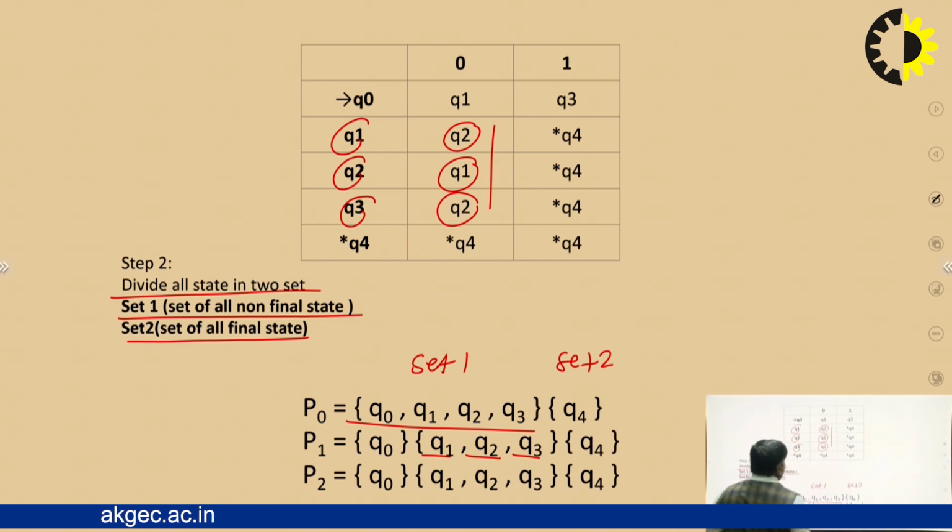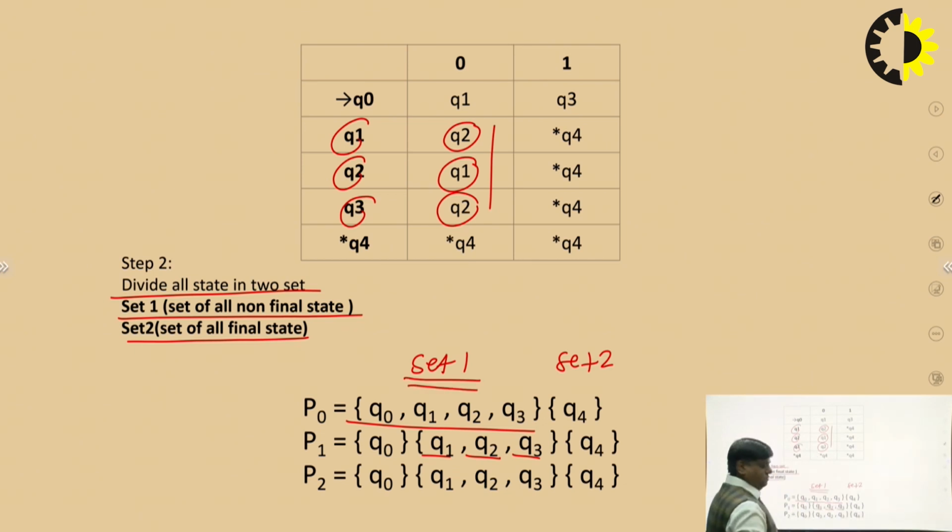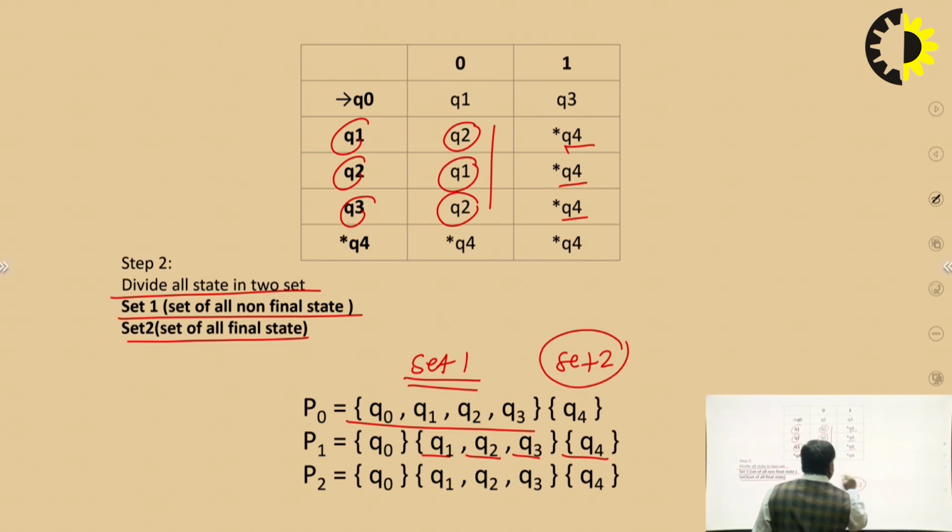Now Q1, Q2 both lie in the same set, no problem. For B, Q4, Q4, Q4 and Q4 lie in set 2. It means Q1, Q2 and Q3 have the same transition function.